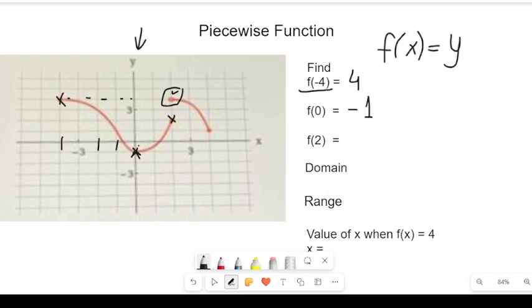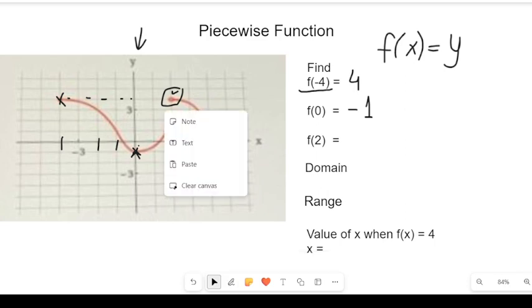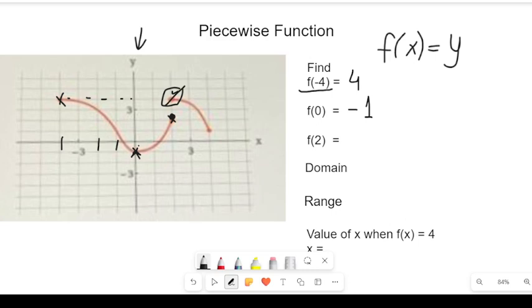And here we have the filled in dot. So we know this one is not a point on our graph. When x is 2, the filled in dot is a point on our graph. So when x is 2, our y is also 2. So this is the point that it's asking.